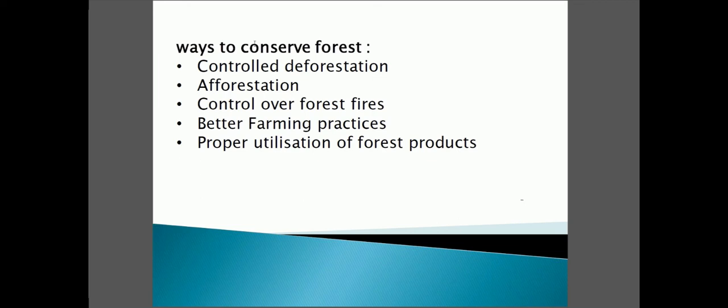What are the ways to conserve the forest? Forest can be conserved through controlled deforestation. We are moving toward deforestation due to urbanization. Many people are cutting trees and making societies for their houses.